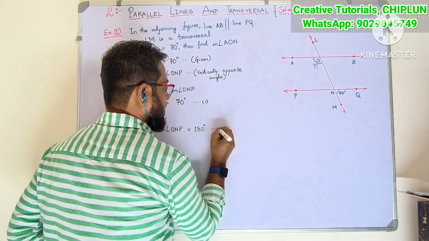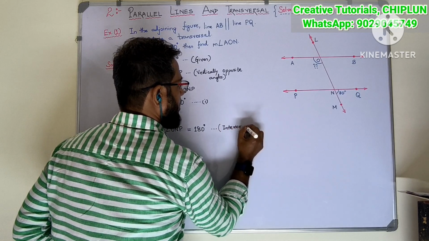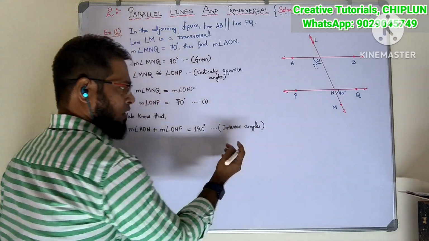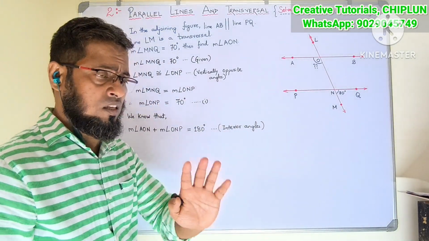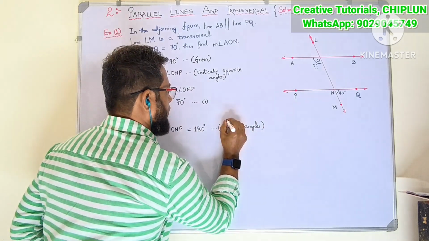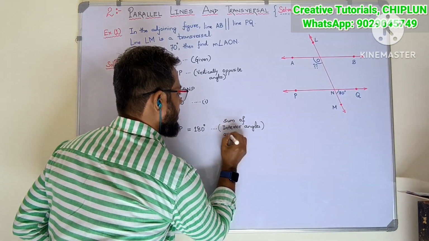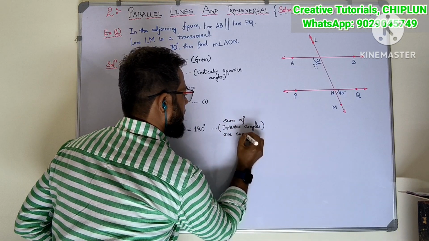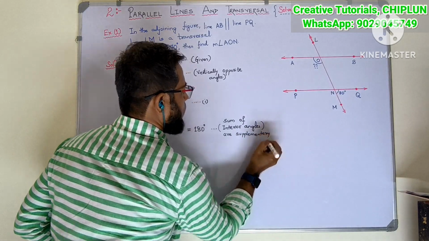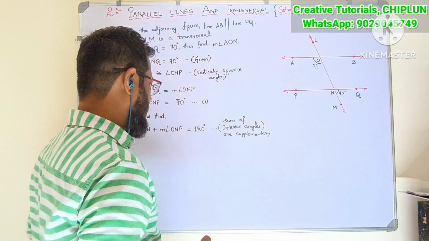Okay, so you can write the reason as interior angles. If you write only interior angles, it is sufficient. You can say that sum of interior angles are supplementary. Okay, that is also okay. But if you want to write only interior angles, that's sufficient.